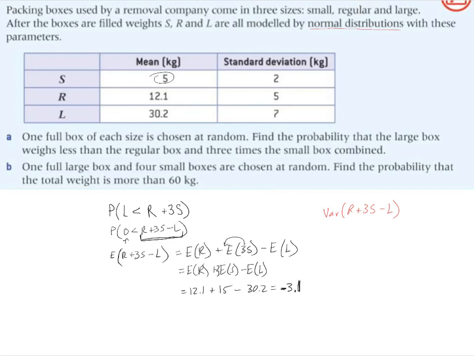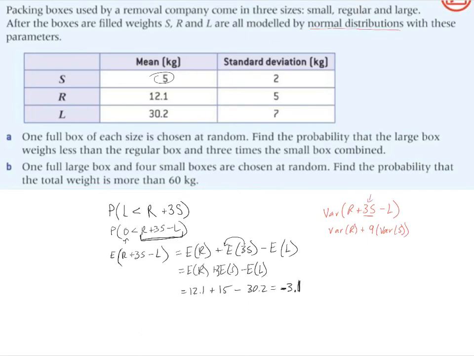That will separate out to the variance of R plus, now remember when I have it multiplied, I could write the variance of 3S, but that's going to be 9 times the variance of S, because it is that A squared.